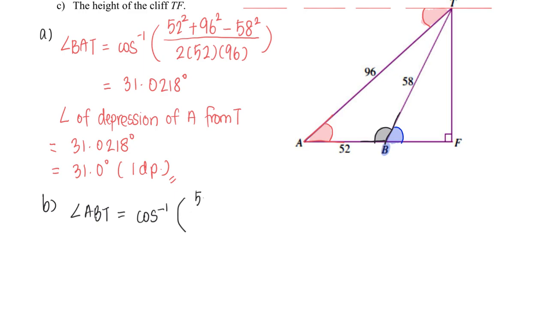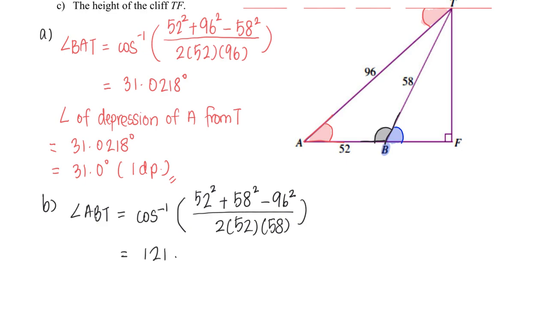I will start with 52 square plus 58 square, because the lengths 52 and 58 make this angle ABT, minus 96 square, over 2 times 52 and 58. And this will give me 121.4587 degrees.